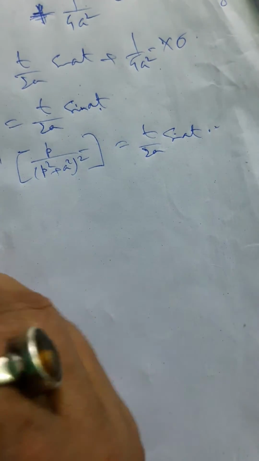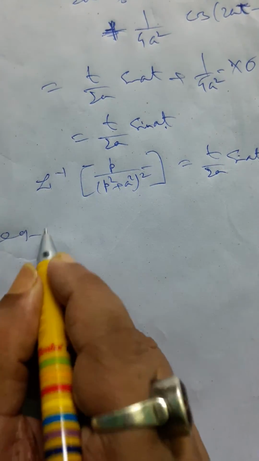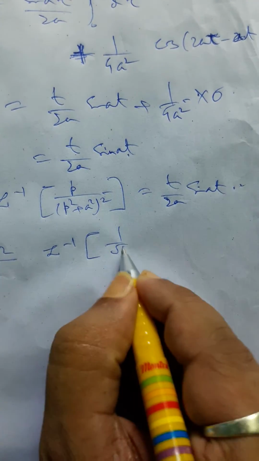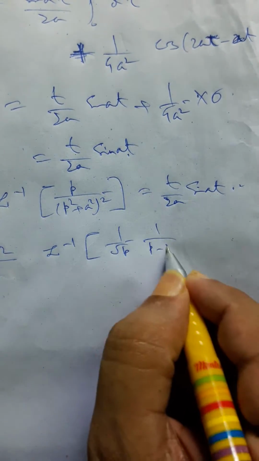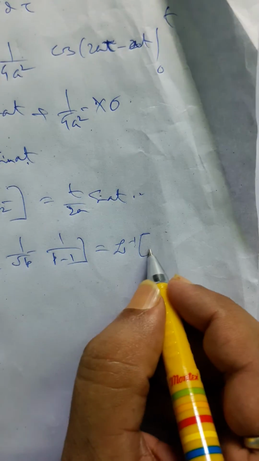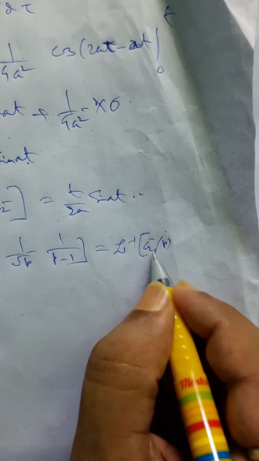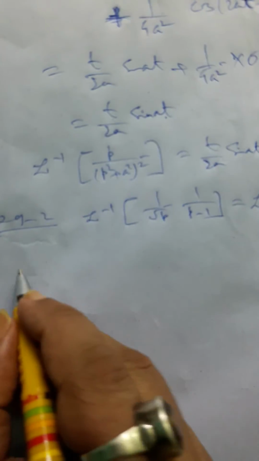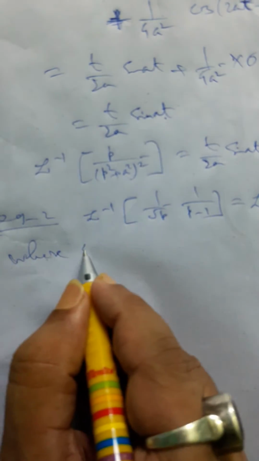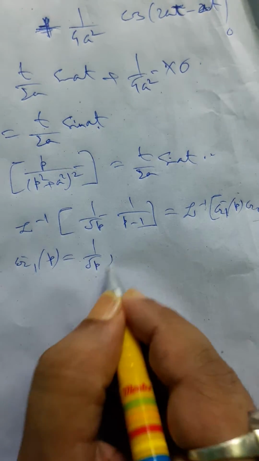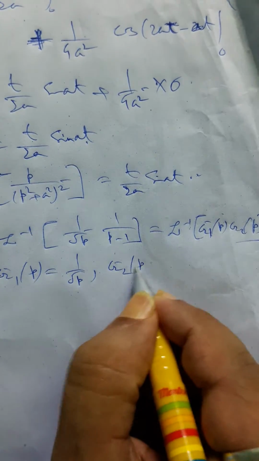Now if we consider another example, example 2: L inverse of 1 by root p into p minus 1. Here we consider g1 p and g2 p, where g1 p is equal to 1 by root p and g2 p is equal to 1 by p minus 1.